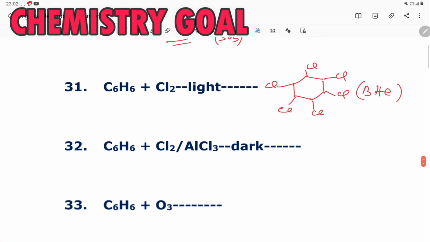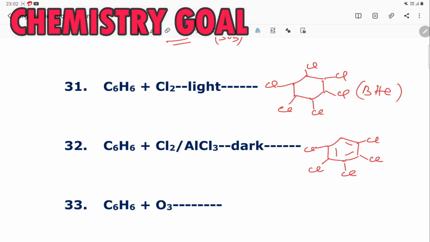So this product. Then benzene with chlorine and aluminum chloride in the dark. The very important result is that all the double bonds remain, and substitution takes place with all 6 chlorines. This is a very important substitution reaction, giving hexachlorobenzene, a derivative of benzene.